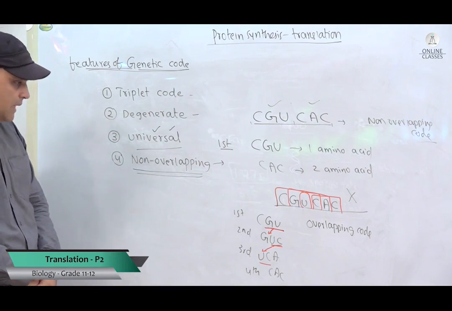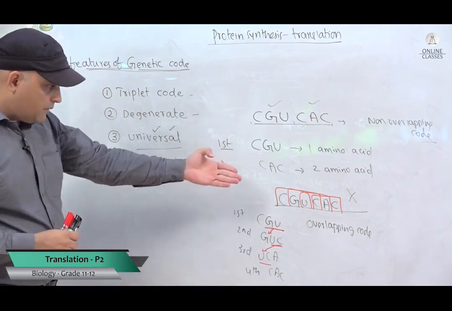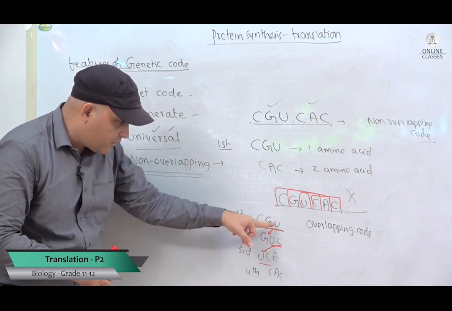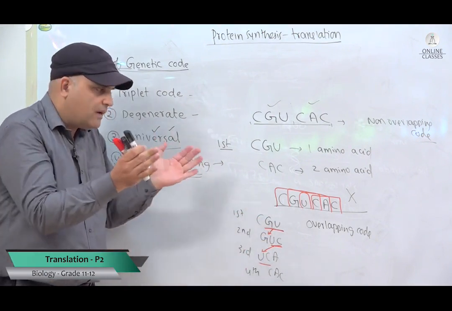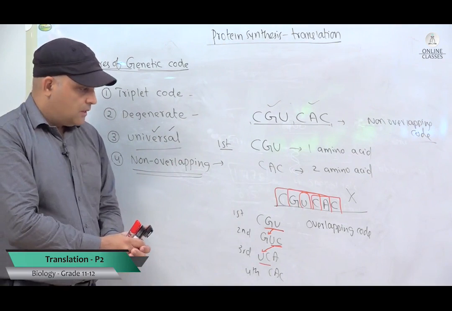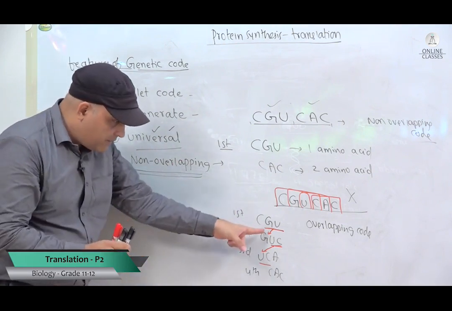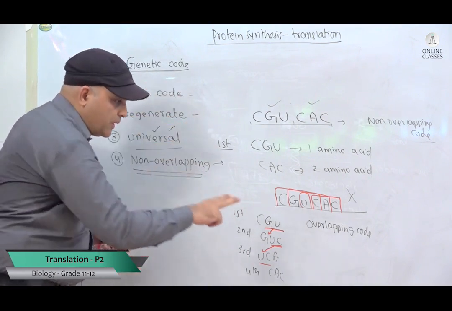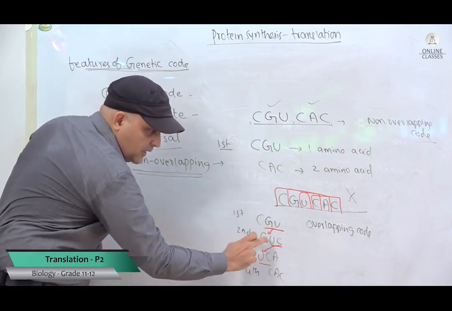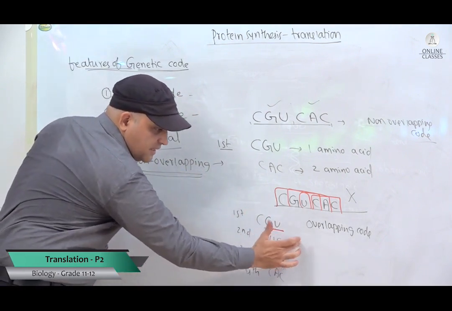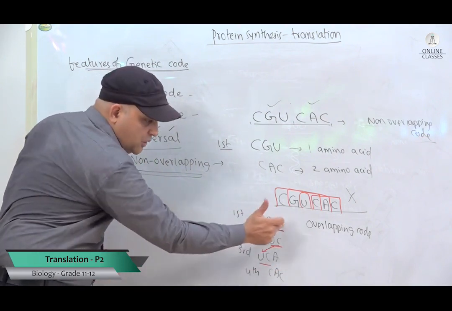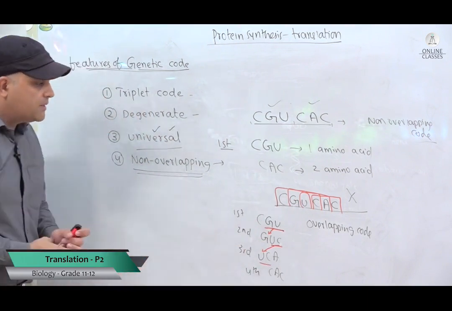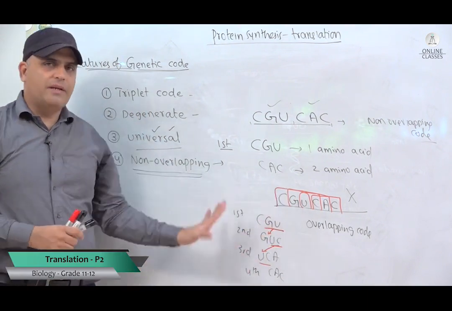If I take this sequence, I will be restricted by which codon will follow after a particular codon. That means the proteins will have less variety. I think you got the point. I will be restricted by my next codon because I am going to take 2 nitrogen bases from the previous codon. So I can't start this codon with CCC because I am going to take GU from the previous codon. So this is a restricted code, or you can say the proteins will have less variety.